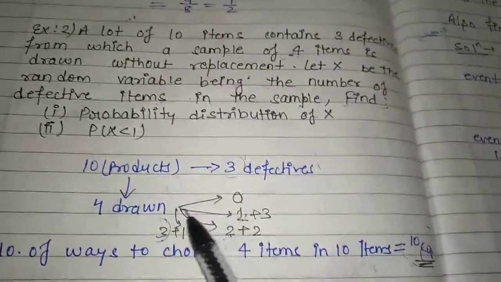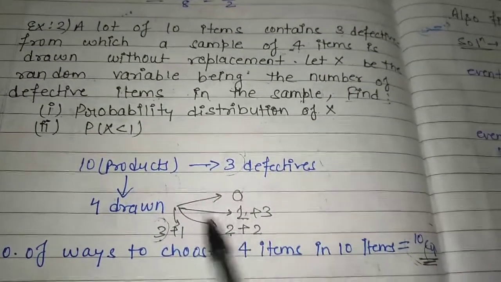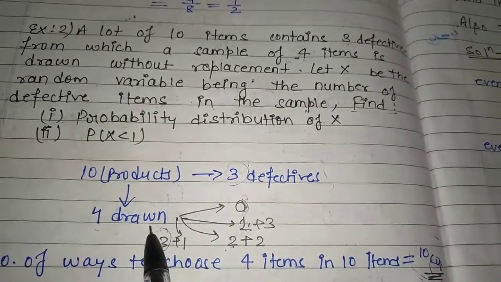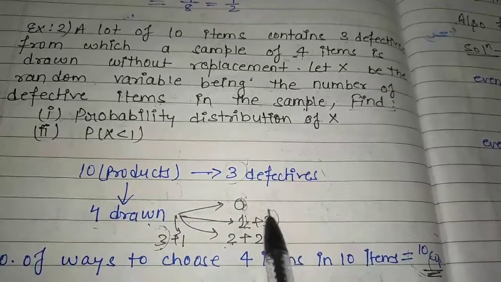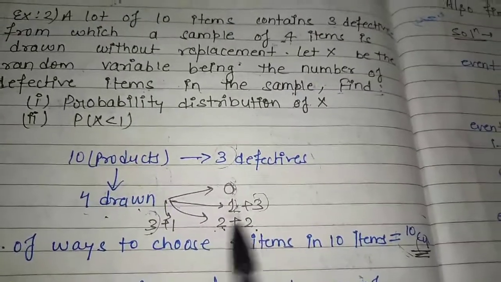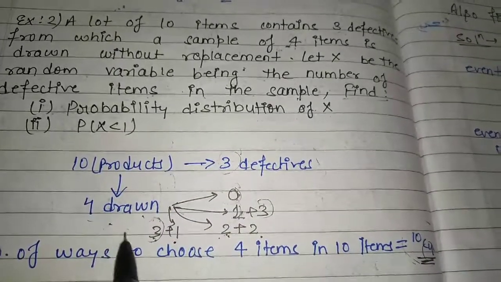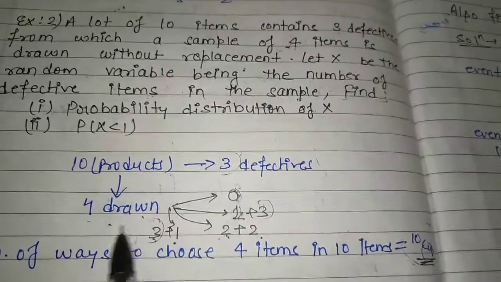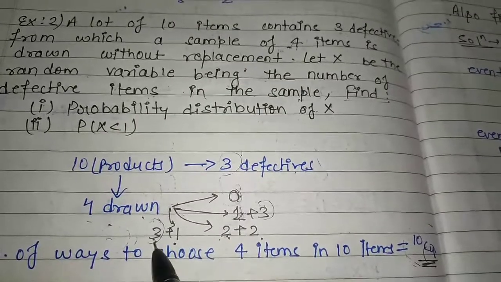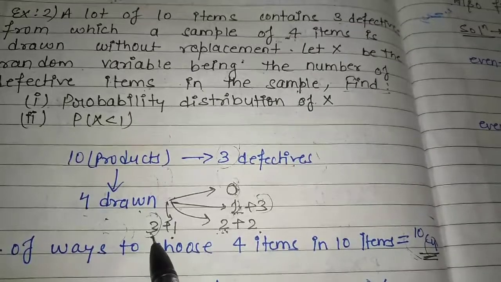There can be 0 defectives in the 4 drawn, 1 defective and 3 non-defective, 2 defective and 2 non-defective, 3 defective and 1 non-defective, and the last one, 4 defective and 0, can't happen because there are only 3 defectives. So we have only 0, 1, 2 and 3 defectives.